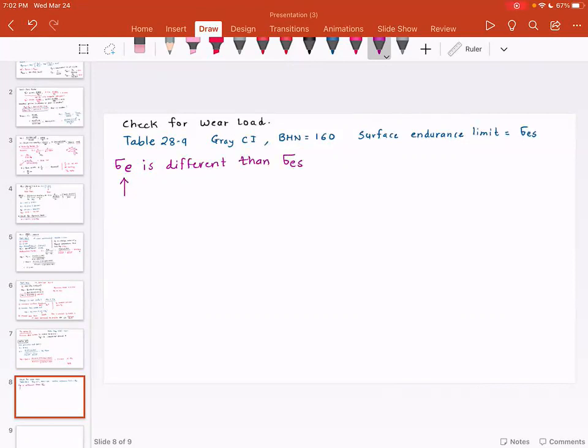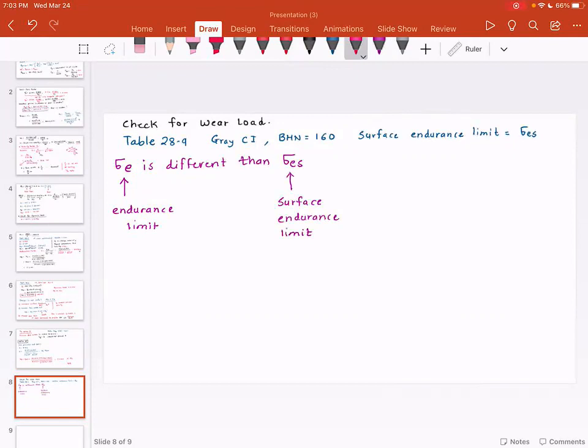This is the endurance limit, which is inside the material, and this is the surface endurance limit.